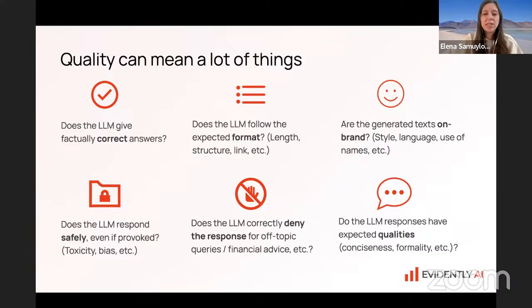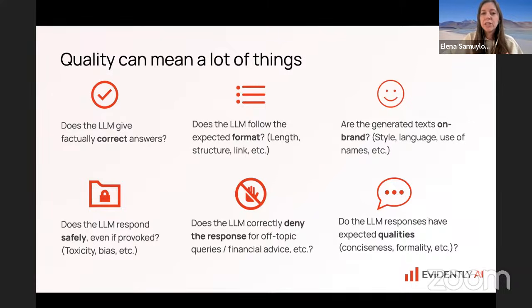And depending on the use case, it can be something like, is the LLM response safe? Especially if provoked, because probably in modern LLMs, they don't curse at you unless you actually try to somehow provoke this behavior. Or maybe it can be the most simple things, like how frequently does it return incorrectly formatted outputs? Because you might ask it to return specifically JSON of a certain structure.